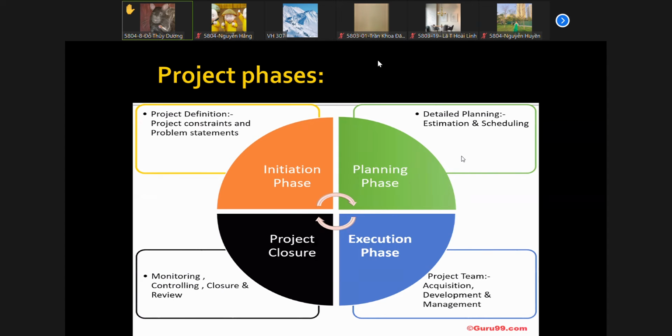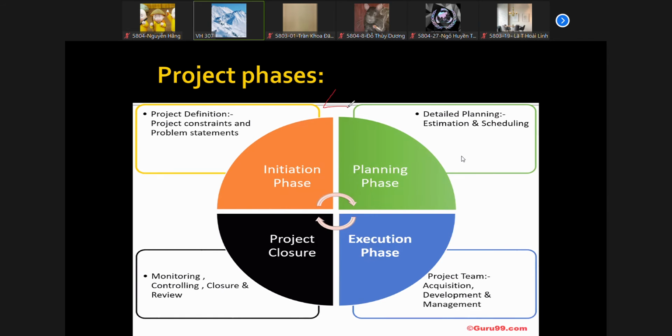Okay, good. So in fact, if we look at the slide, we can see that in total there are 4 phases, or maybe 4 stages in a project life cycle. And if we turn clockwise, we can see that the first phase is the initiate phase. The second phase is the planning phase.